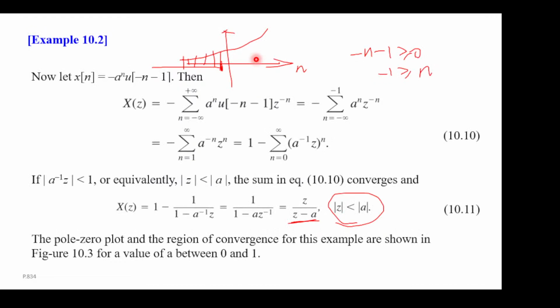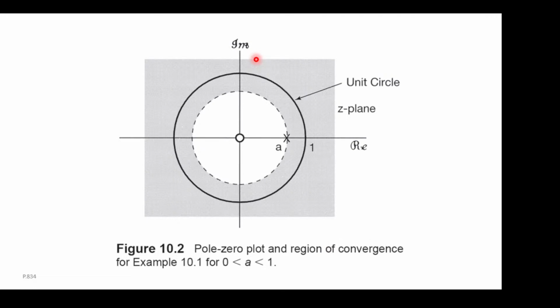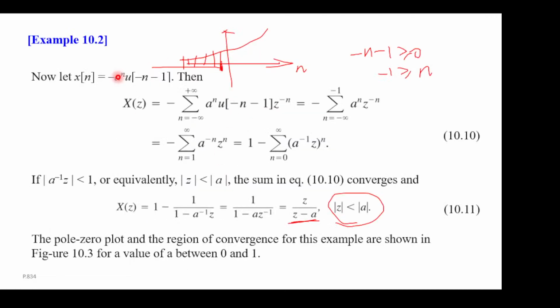Okay, and yeah, now if you remember what we did in the Laplace transform, you can probably guess the next example. So next example, we are going to get the transform of the same form but a different ROC. Okay, so it is exponential decay to the other side. Okay, so minus a to the n u of minus n minus 1. So for a bigger than 0, it's like this exponential decay here.